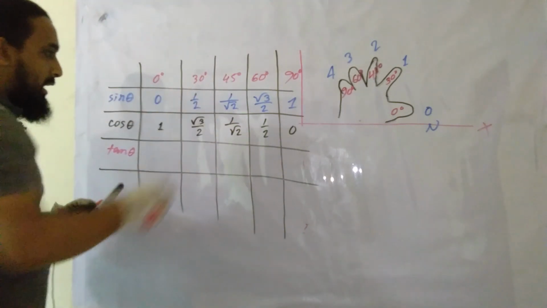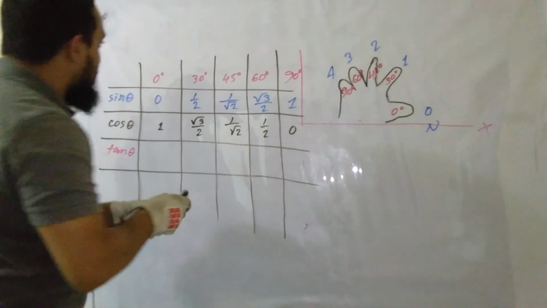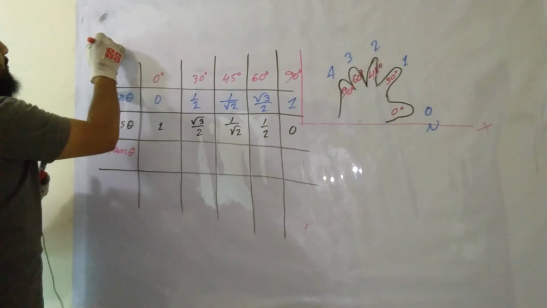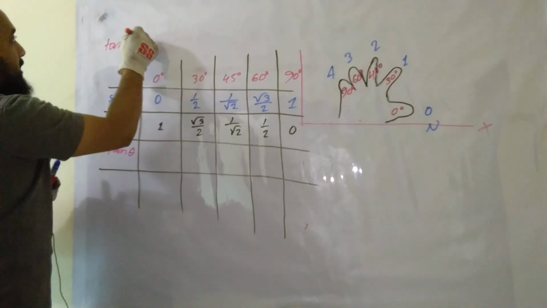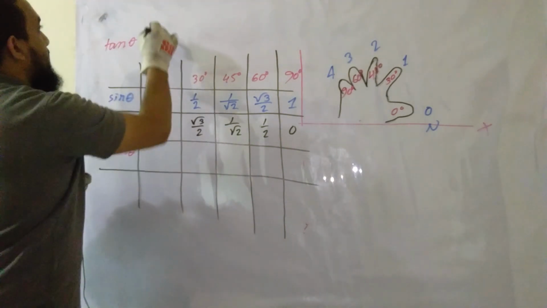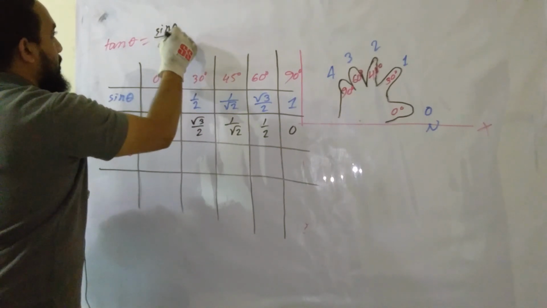Now we know another thing, right? We learned it earlier, and that is tan theta. Tan theta is equal to what? Sine theta divided by cos theta.